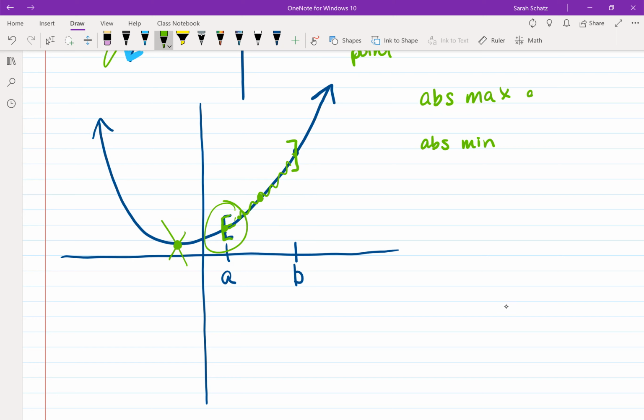Okay, so here's a function. I've got f of x equals x to the fourth minus 18x squared plus 1.